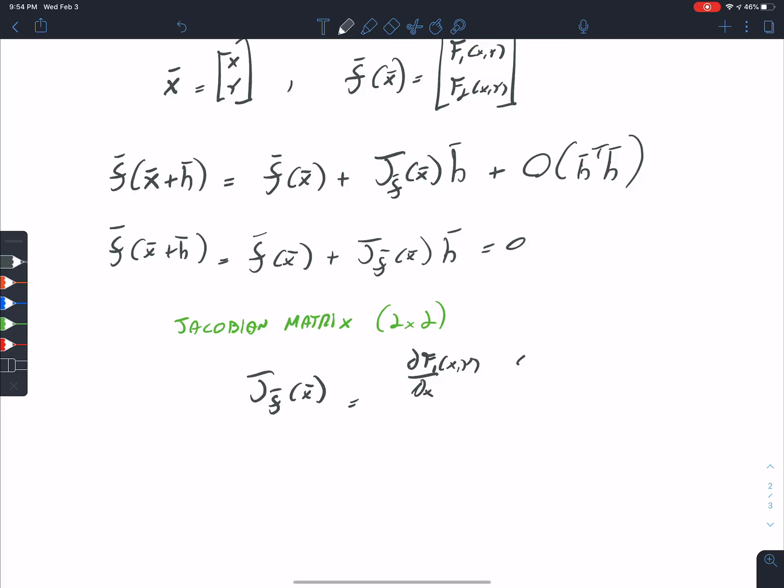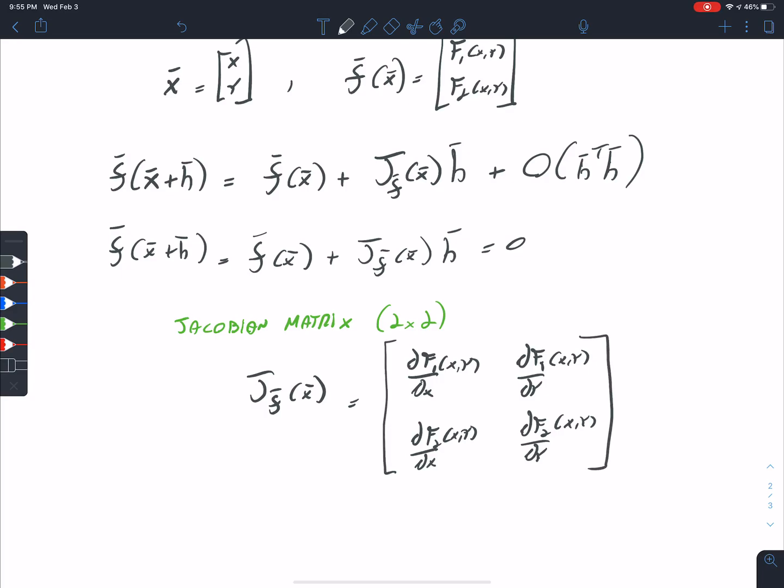The second value of this matrix is df1 xy, and you guessed it, dy. Here on this entry we have df2 xy over dx, and df2 xy over dy. And this is our Jacobian matrix.